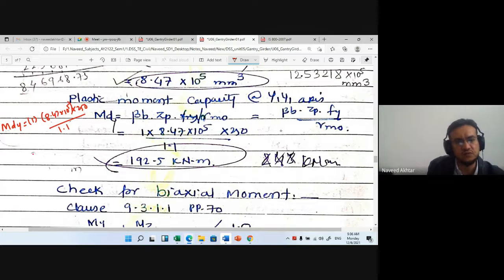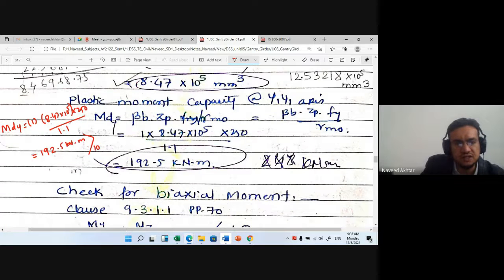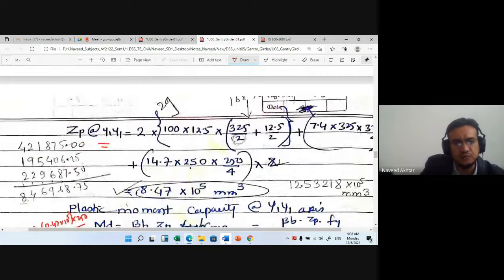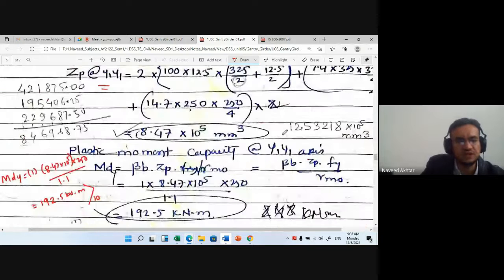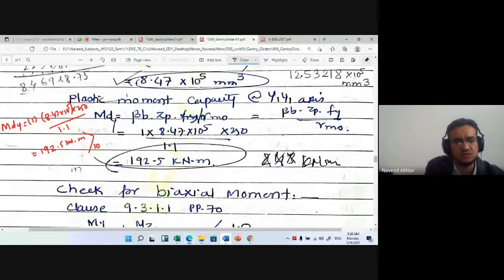All these values you put, then your moment capacity is coming 192.5 kilonewton meter. You can see that it is much larger than 10.546 kilonewton meter. So it is safe about the minor axis.